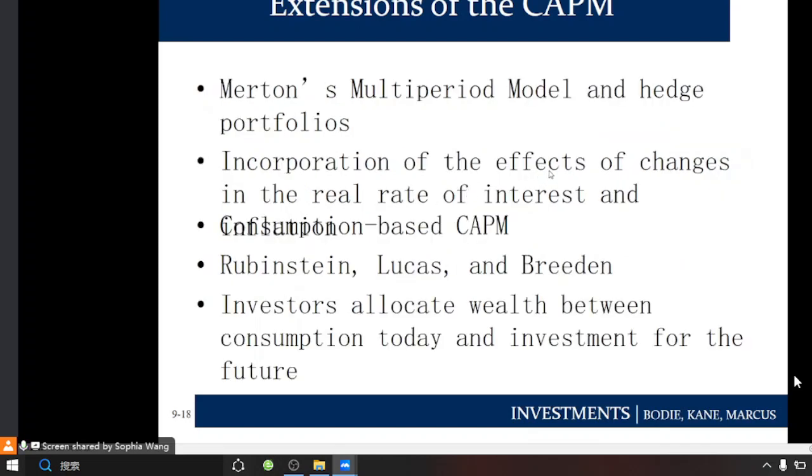Okay. And for Merton's multi-period model and held portfolio. In the original CAPM, it supposed that everyone has the same investment period. Of course, it's not true. For example, for the European option and American option, they have different holding periods.